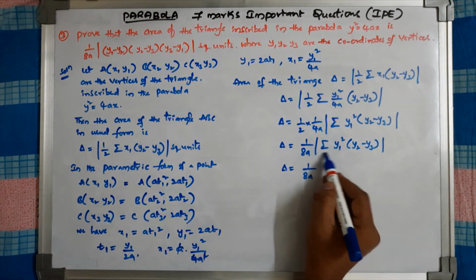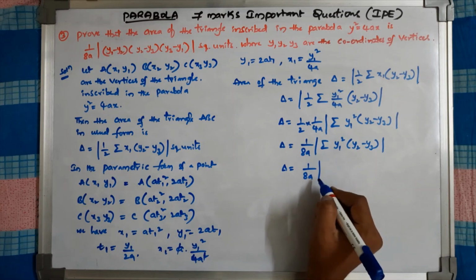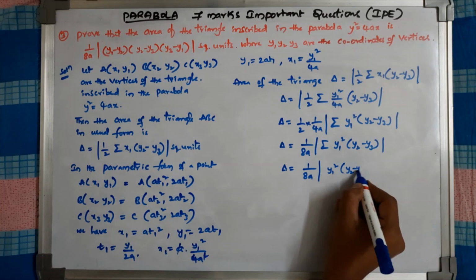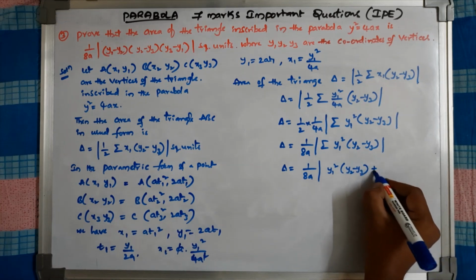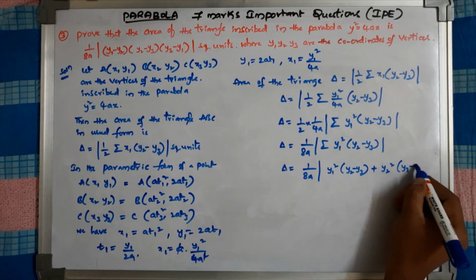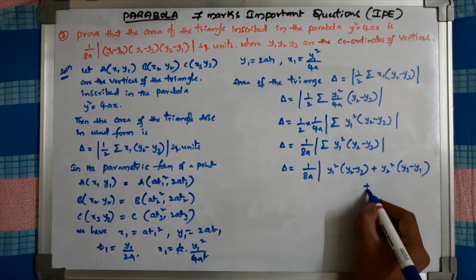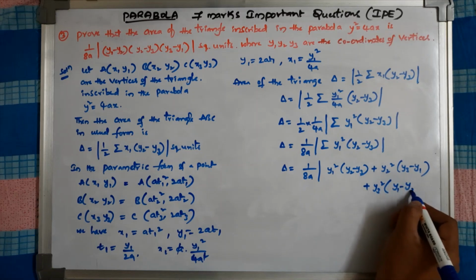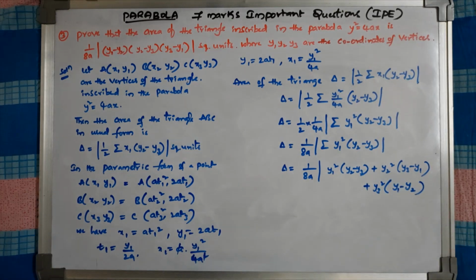Now delta equals 1 by 8a. Expand this, remove the sum, we get the expansion: y1²(y2 minus y3) plus y2²(y3 minus y1) plus y3²(y1 minus y2), mod.